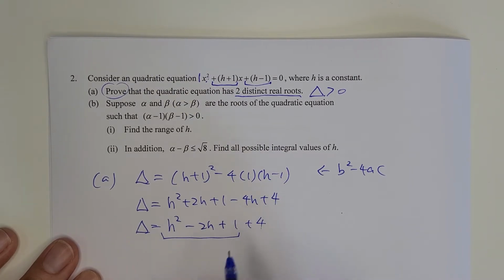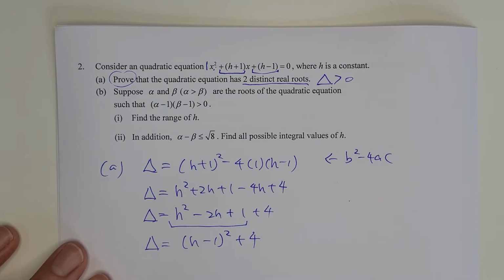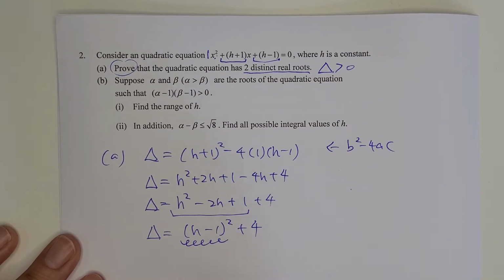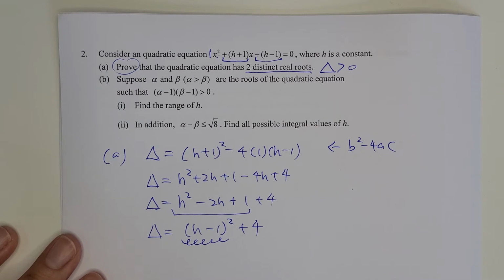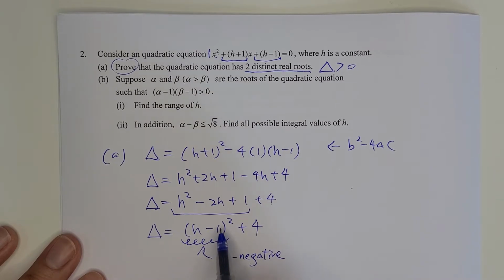So luckily you will find that the first three terms can form a perfect square. So the discriminant can be written as (h minus 1)² plus 4. And pay attention here. For the first expression, (h minus 1)², it is non-negative, because it's a square, it will not be negative.